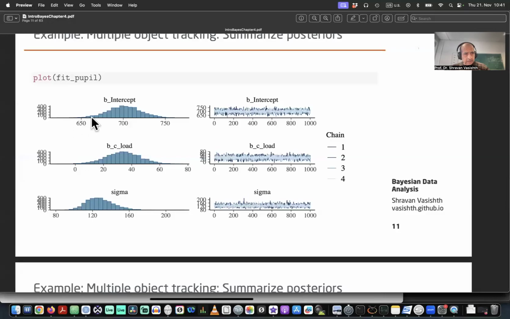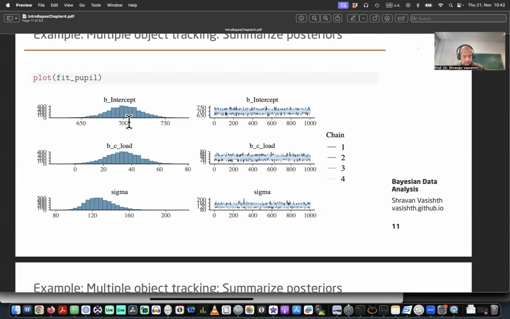You can see the posterior distribution of the intercept, which represents the pupil size when the load is at its average value.